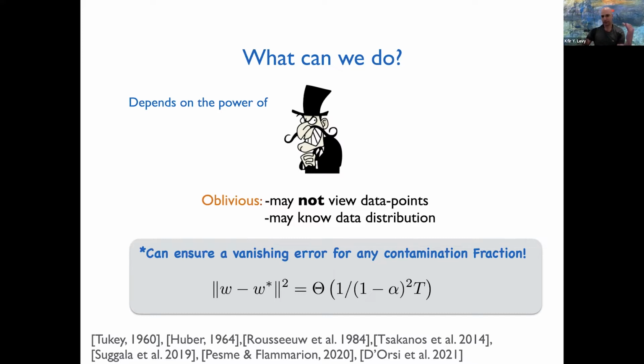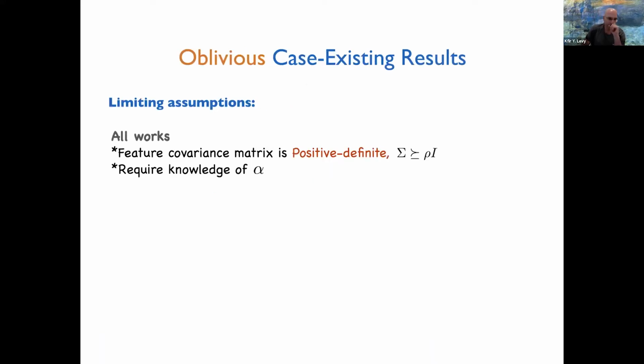And again, the work on these problems started in the 60s, and there have been some very interesting works throughout the last years that provided non-asymptotic guarantees, like we see here. Okay, so let's look more closely at these works. If you look more closely at these works on the oblivious case, you'll see that they are done under some limiting assumptions.